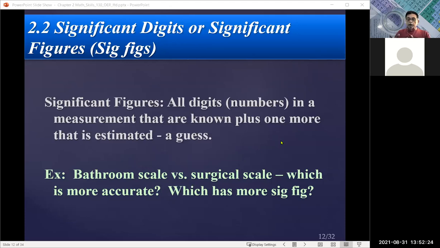One of them you can go up to four decimal places, the other one maybe 2 decimal places. Obviously, the one with more accuracy has more digits in the number, right?